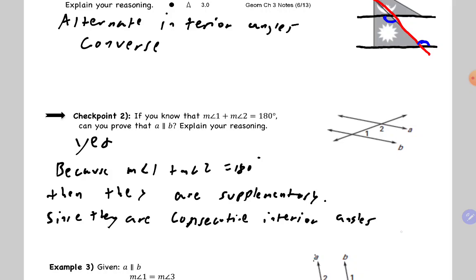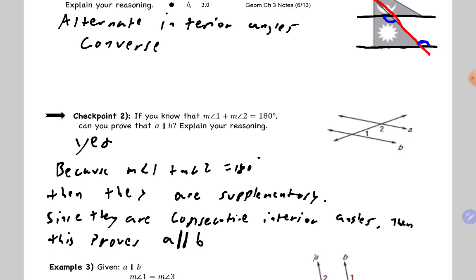And since they are consecutive interior angles, this proves A is parallel to B. So because measure of angle 1 and measure of angle 2 add up to 180 degrees, they're supplementary.